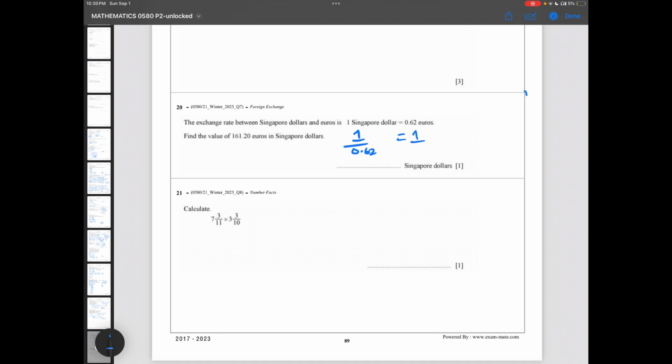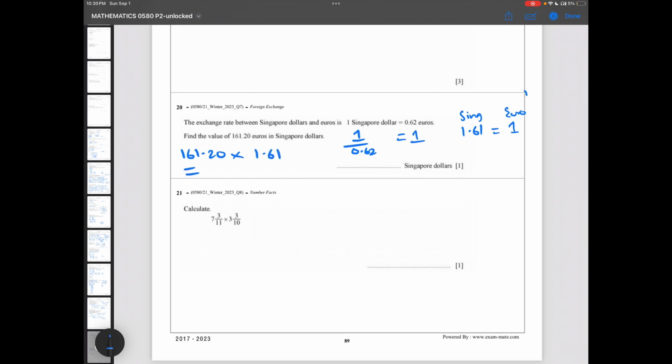1 divided by 0.62 is equal to 1.61. Okay, so 1.61 Singapore dollars is 1 euro. We need to find the value of 161.20 euros in Singapore dollars. So if 1 euro is equal to 1.61, then 161.20 euros will be equal to, we have to multiply this quantity by 1.61, right?